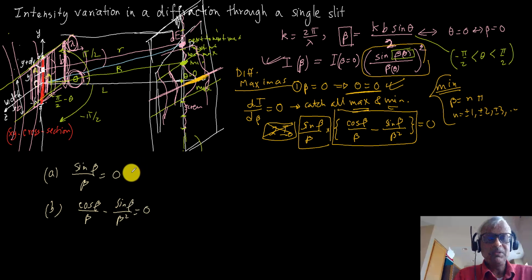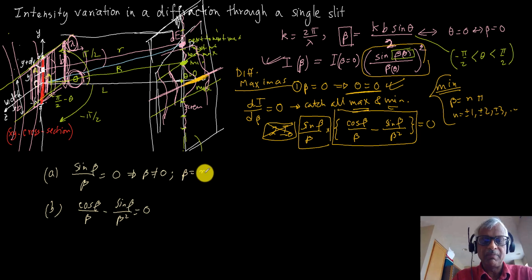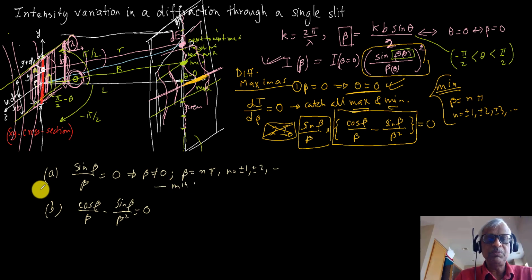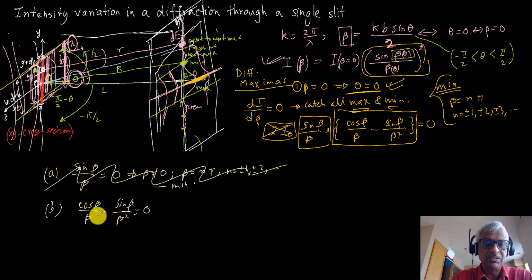Choice A definitely says beta is not 0, and beta is just n pi, where n equals plus or minus 1, plus or minus 2, etc. So this is the minima. We don't want this, we already found it.